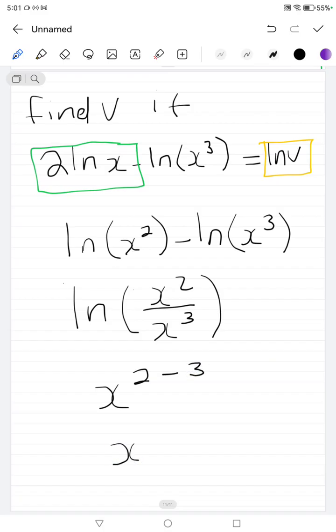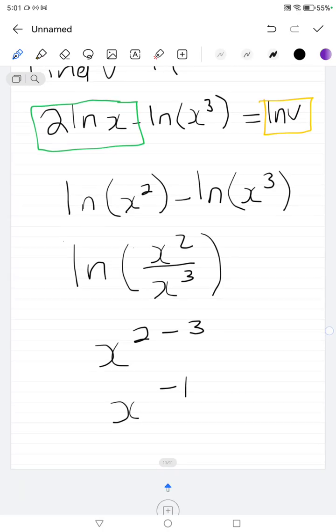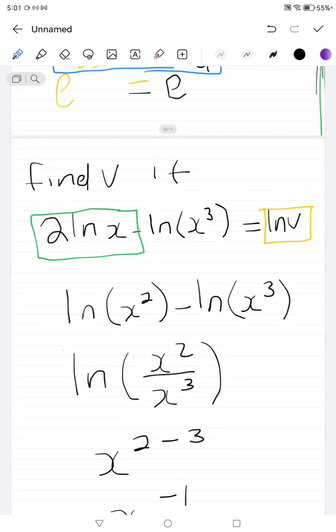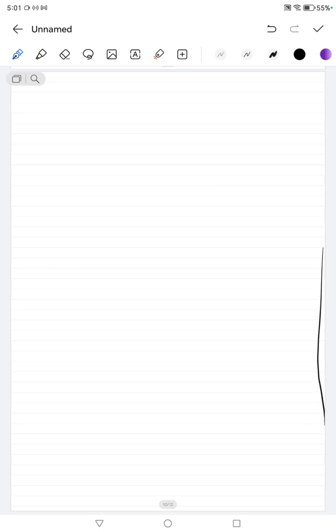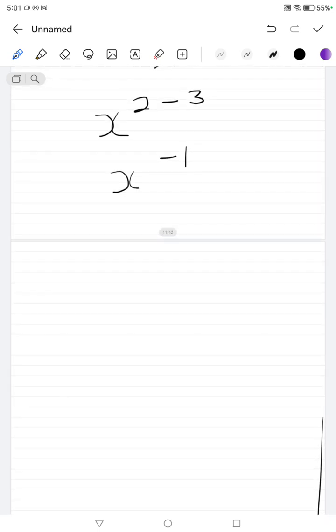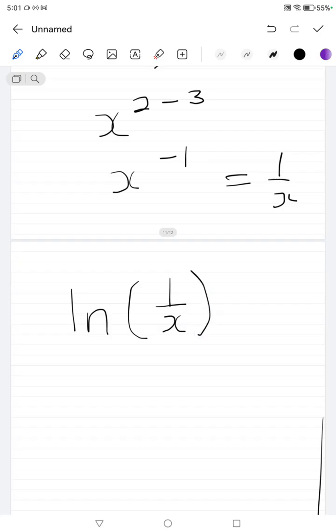Then you know this is going to be x to the exponent minus 1, which can be written as 1 over x. So it now means you're going to have ln of 1 over x. You see?